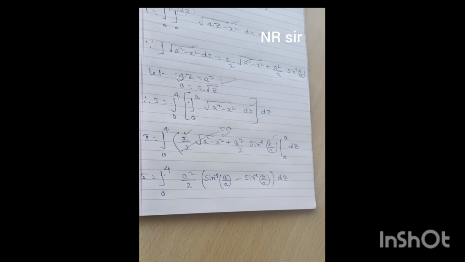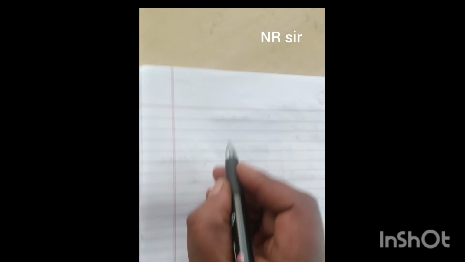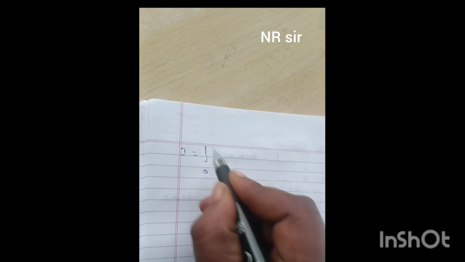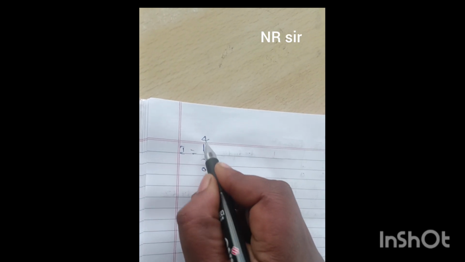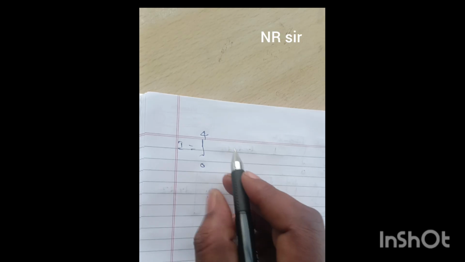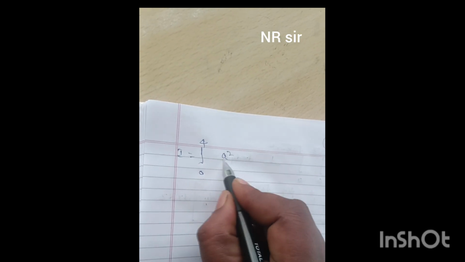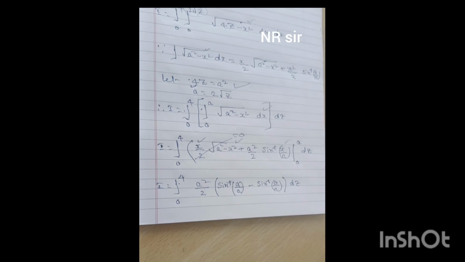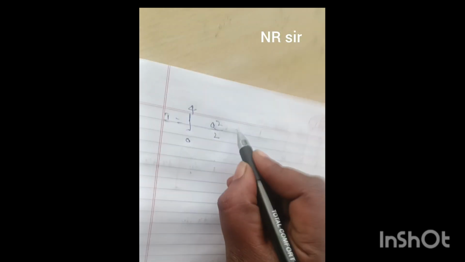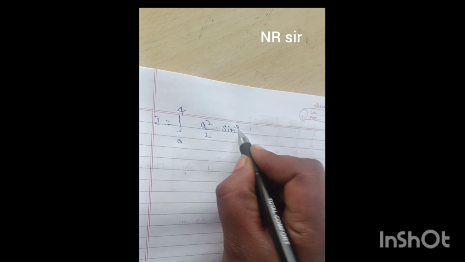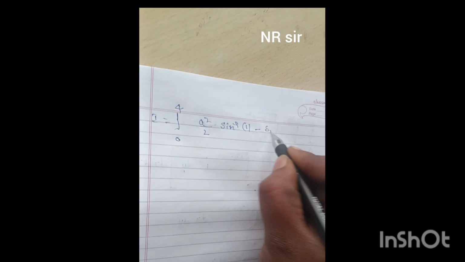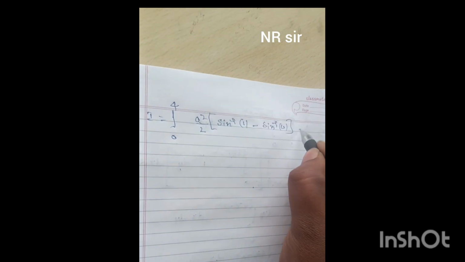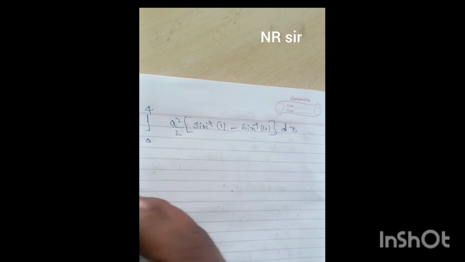Now what will happen, I is equal to integration 0 to 4. This, I already told you, is the z limit. So a square divided by 2, you can observe, sin inverse 1 minus sin inverse 0, this is dz.